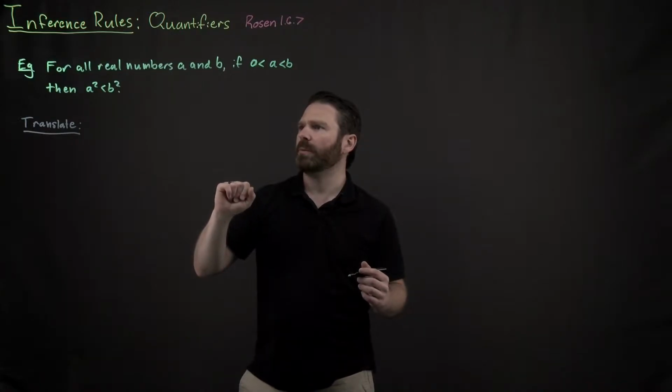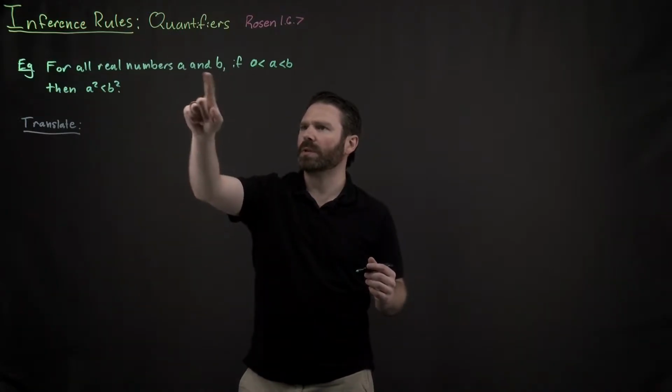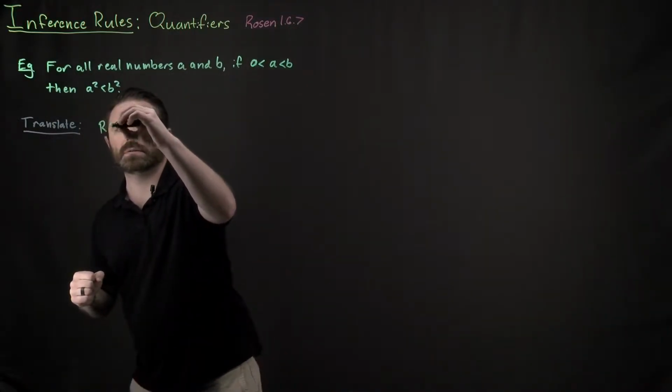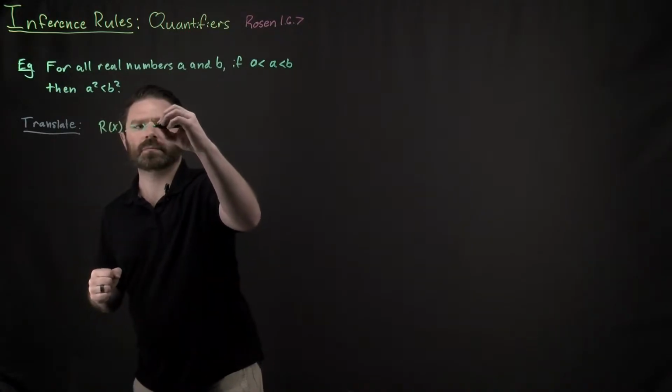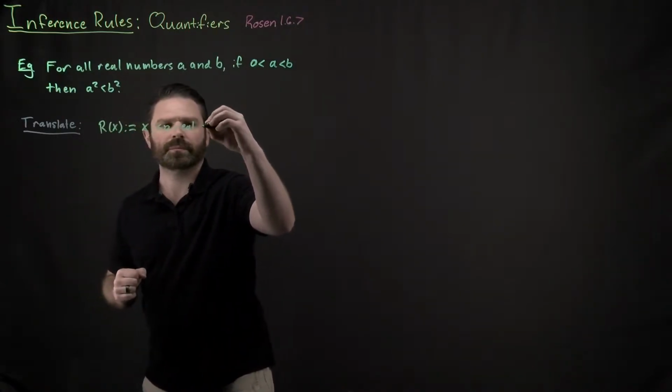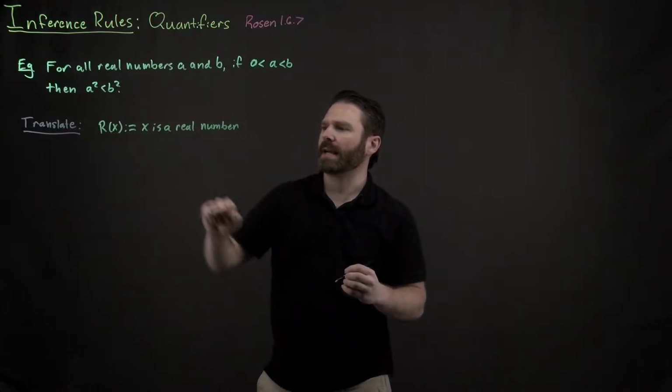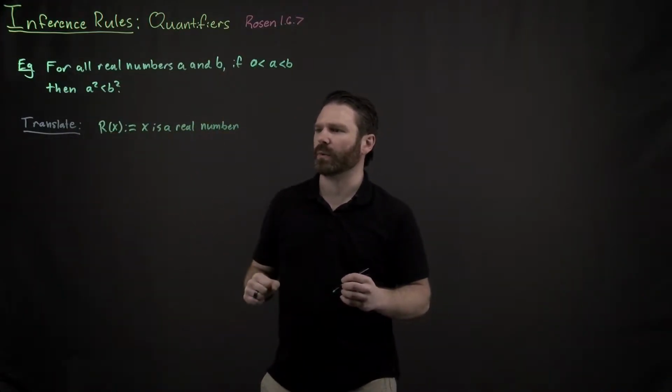So I should probably have a predicate function that stands for something being a real number. So I'm going to let r of x stand for x is a real number.